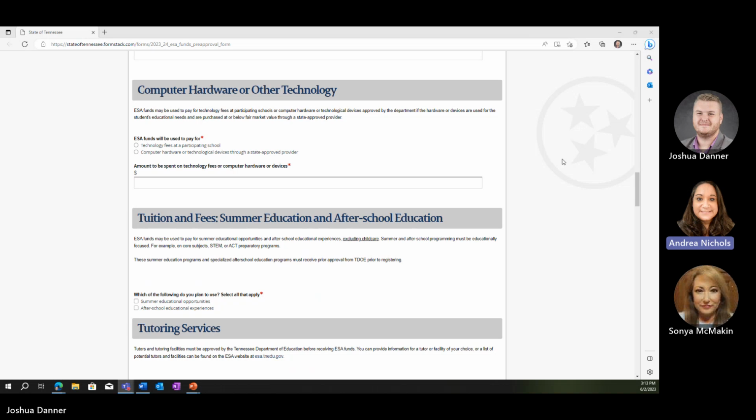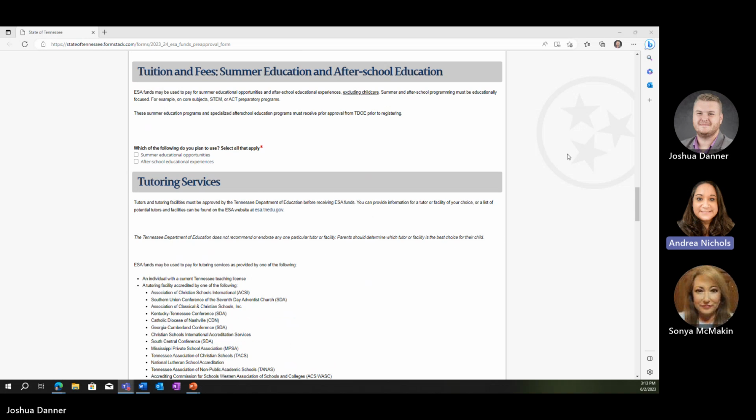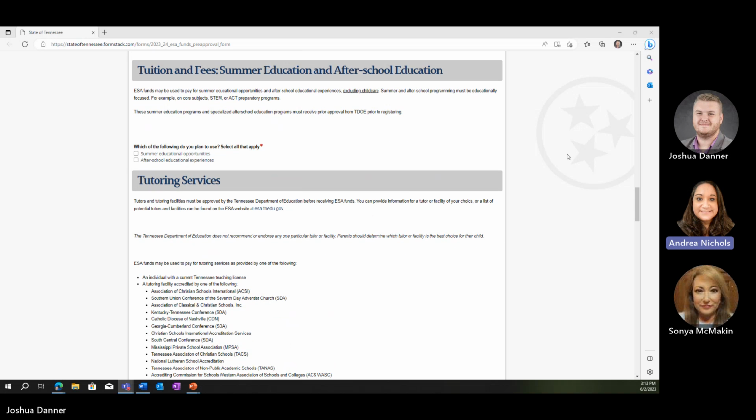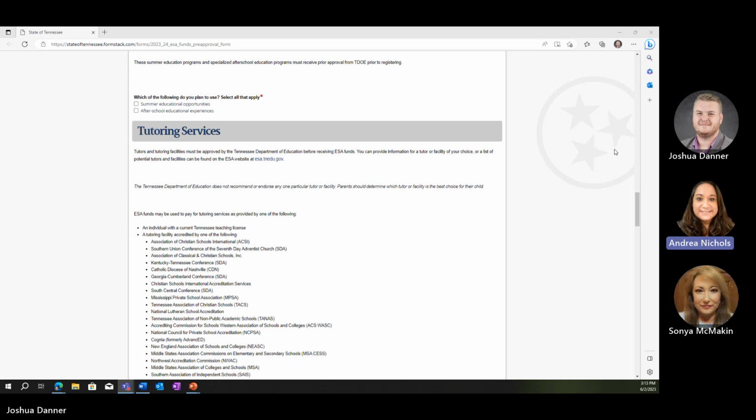Tuition and fees for summer education and after-school education must be academically focused. Approved after-school or summer educational program examples are additional assistance with core subjects or additional learning opportunities such as ACT exam prep or STEM. Childcare is not an approved expense.